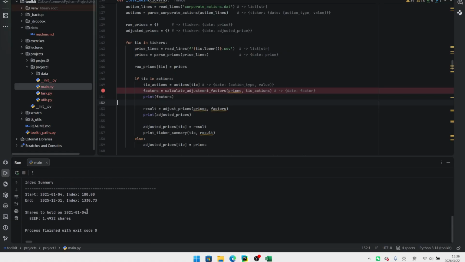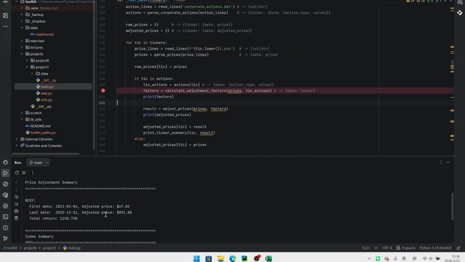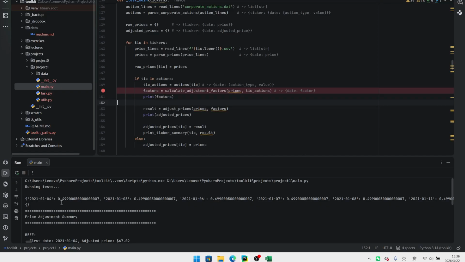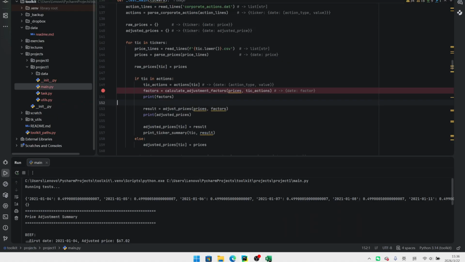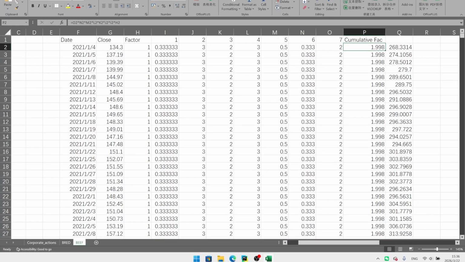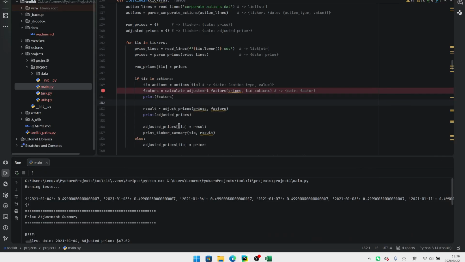To print the factor, it does not work. 2001, 0. 2201, no. Not the same.